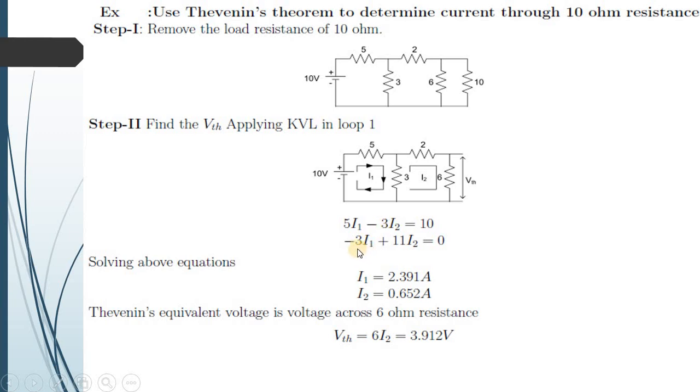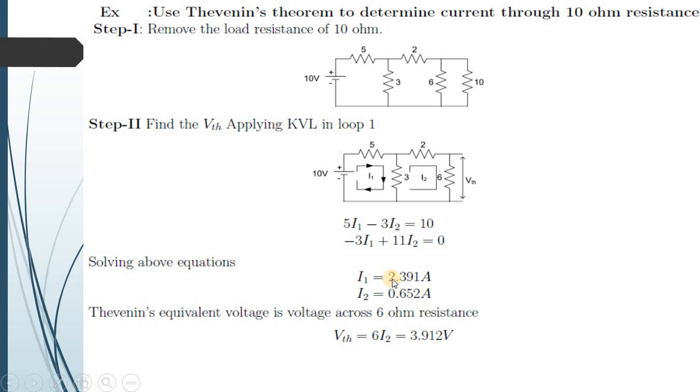So you will get minus 3I1 plus 11I2 is equal to 0. I think there is one mistake here. You have to consider minus 3(I2 minus I1). So the final equation is minus 3I1 plus 11I2. These are the two equations.